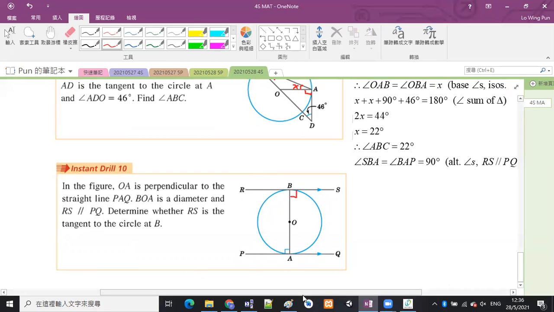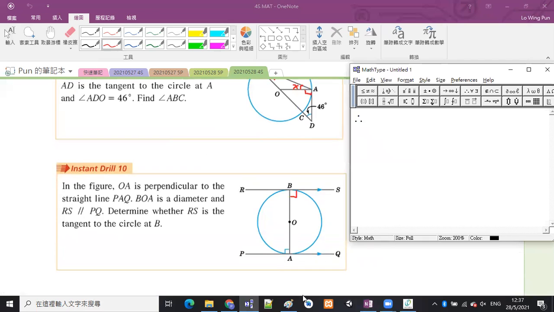Okay, now because this line is perpendicular to the radius, therefore I can conclude that RS is the tangent to the circle at B. And the reason I've used is converse of tangent perpendicular to radius.